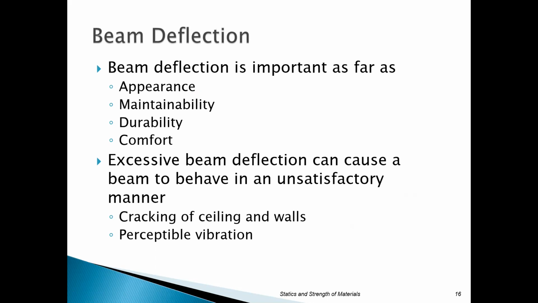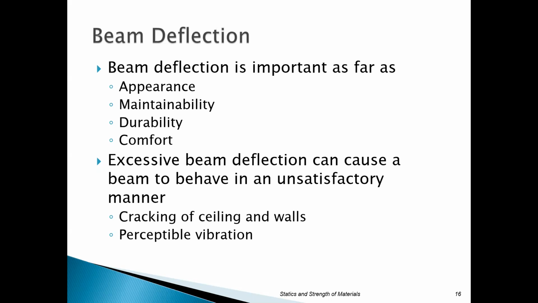So another thing that they talk about in chapter 12 is beam deflection. So it's going to be a very important thing as far as the functionality. And we talked a little bit about that last week, that, you know, if you're on certain structures, you can actually feel deflections from a beam. And so that can be something that you've got to think about.